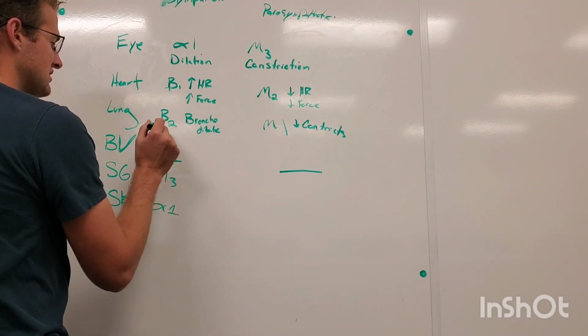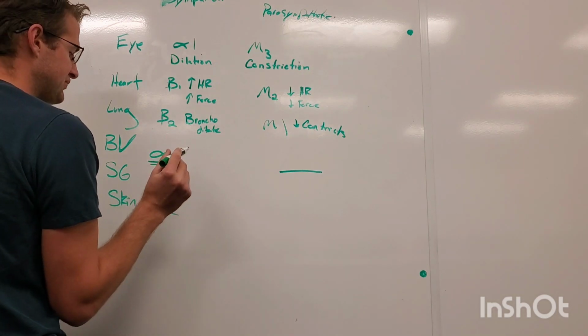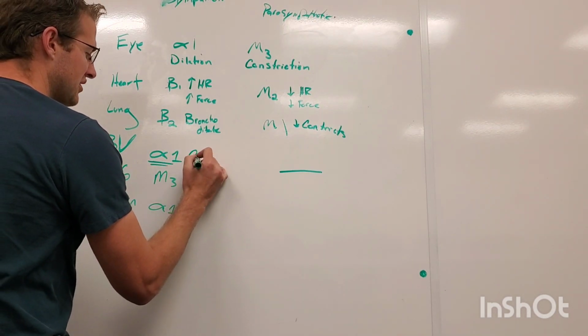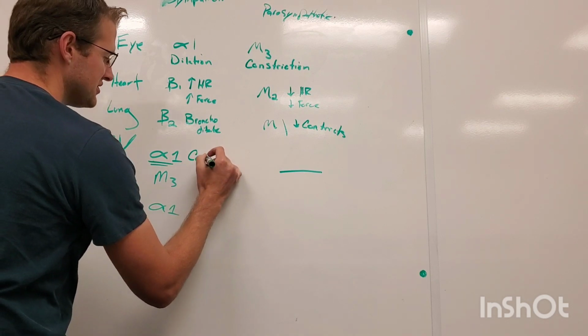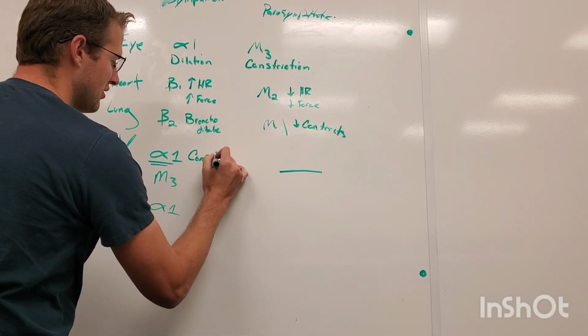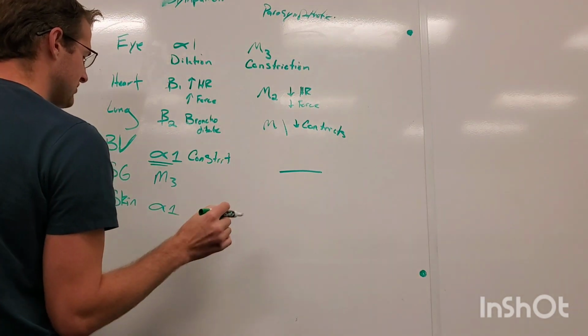Epinephrine really likes the beta-2 receptor. So if you have alpha-1 going out there, it's going to constrict. It can cause the smooth muscles in the arteries or in the venules to constrict. It's going to increase your blood pressure.